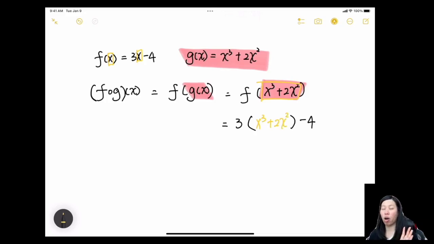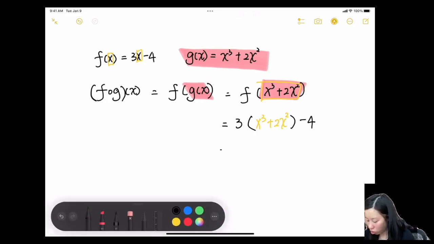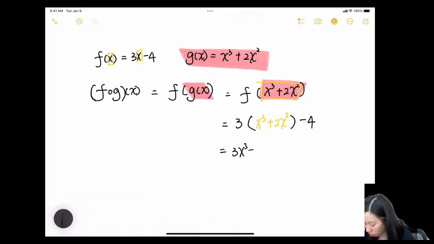All of this composition thing is basically substitution. So this is 3x cubed plus 6x squared minus 4. Okay, so that's it. Let me know if you have more questions.